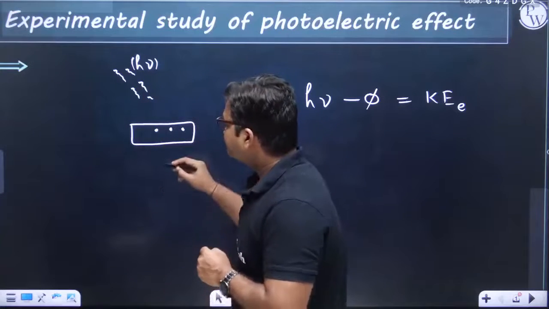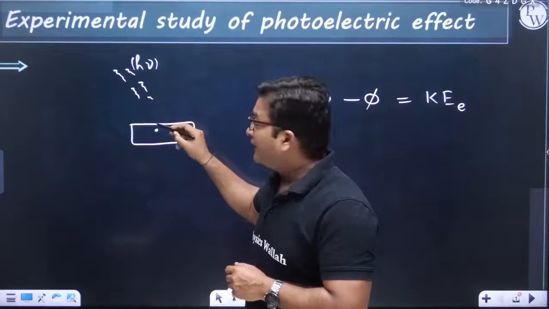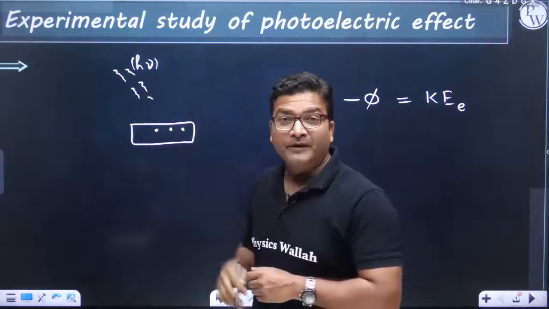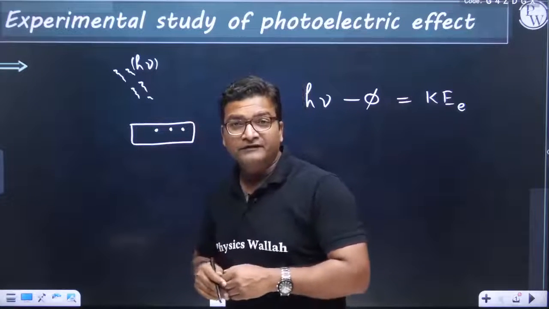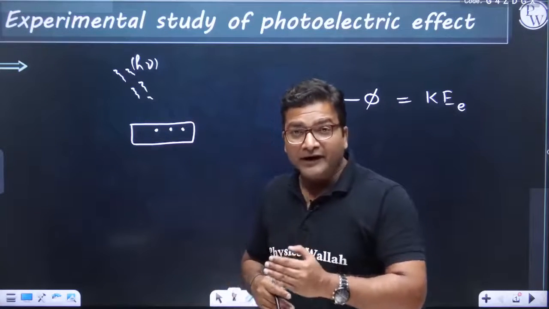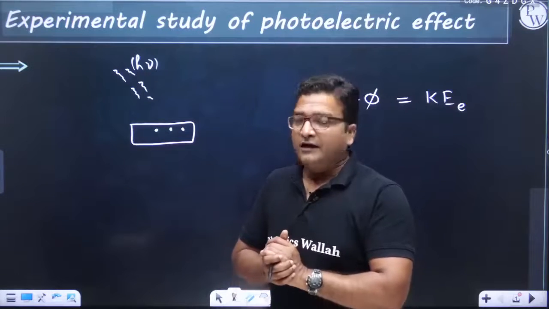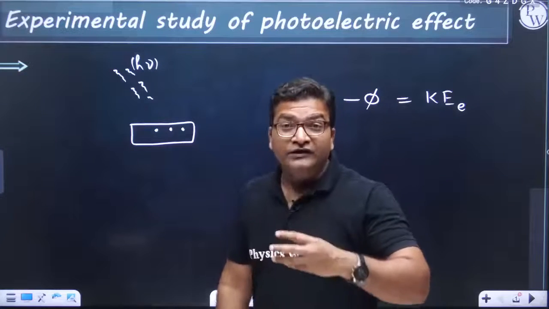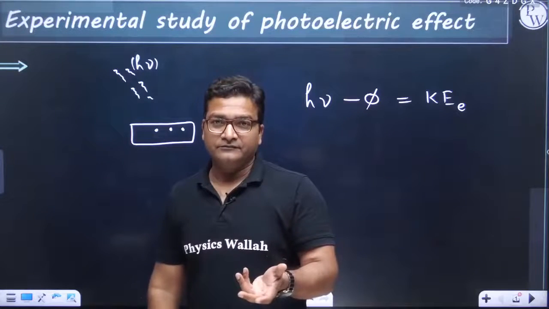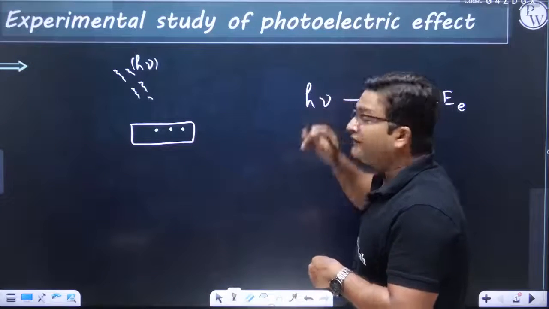When electrons gain this energy h nu, they try to come out of the metal surface, and before they come out, they sometimes collide with other electrons and ions of the metal. In these collisions, they may lose some of the gained energy h nu.